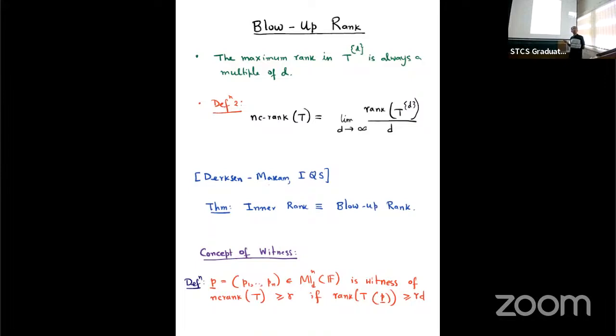So the rank is increasing, but the ratio need not. Without dividing by D, it would have been immediate. But you have to divide by D. When you cut off some part, you cannot divide by D minus 1. You have to still divide by D.